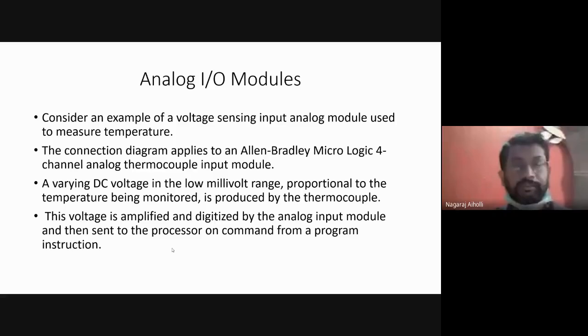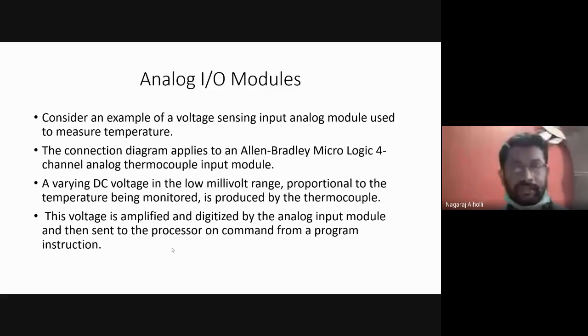This particular concept is called the thermocouple effect, wherein the temperature is converted into voltage. The effect is called the Seebeck effect. You might have studied this at your PUC level. The temperature is converted into voltage by the effect of the thermocouple.